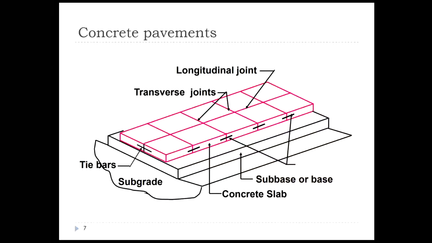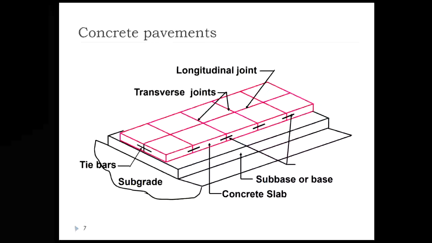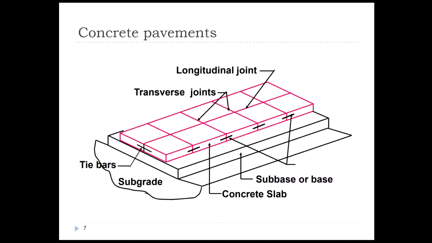Now, the role of the tie bar is not exactly for load transfer. It is basically to hold both the slabs together. So these are the basic elements of a concrete pavement. This we would have actually studied in our undergraduate classes.